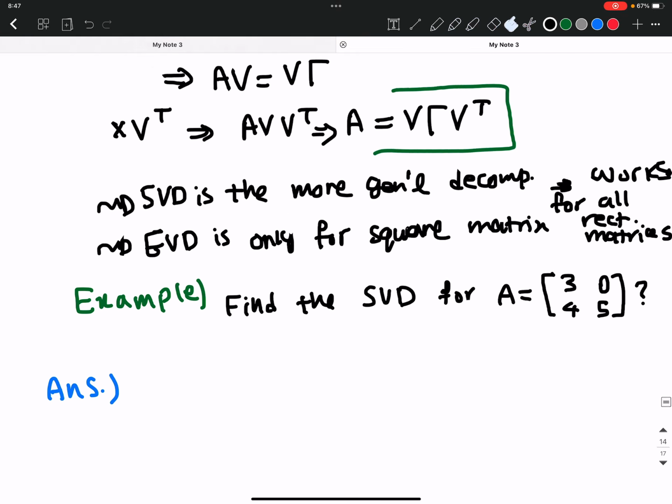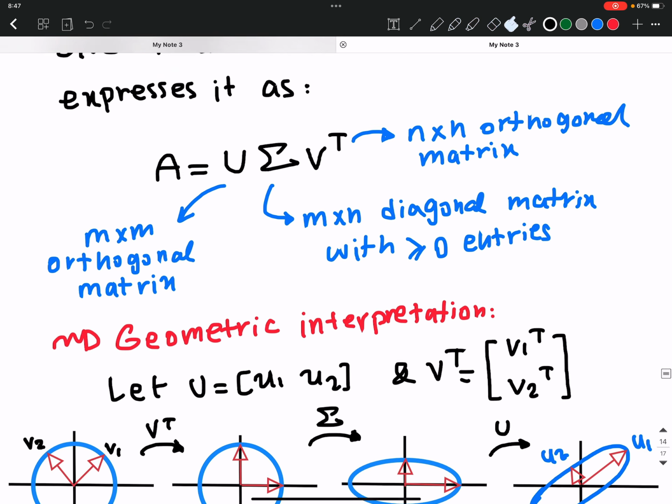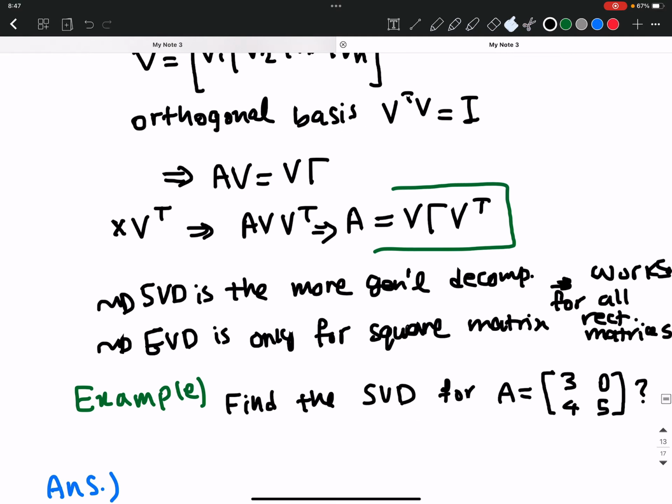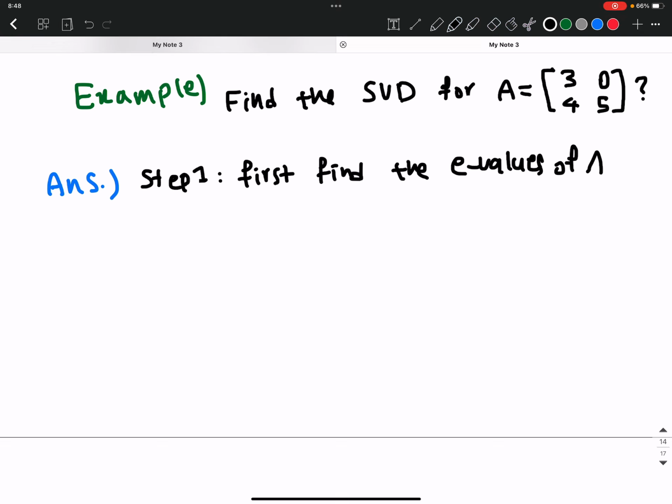You see that SVD was giving us U sigma times V transpose. So step 1: first, find the eigenvalues of A transpose times A.